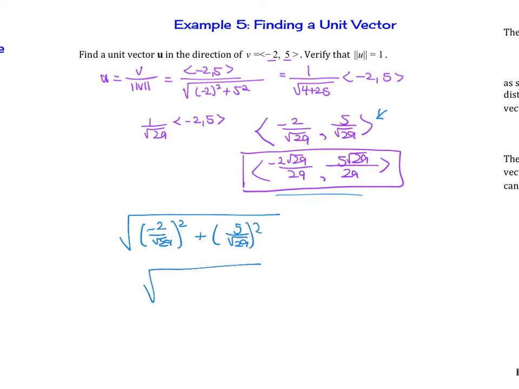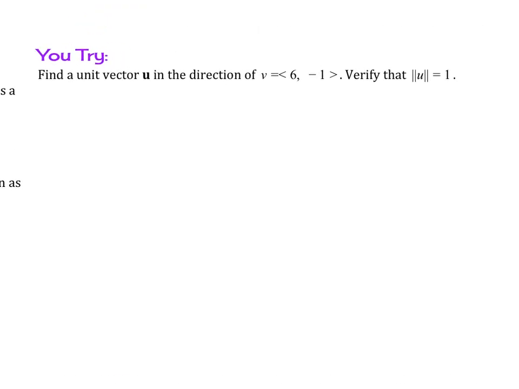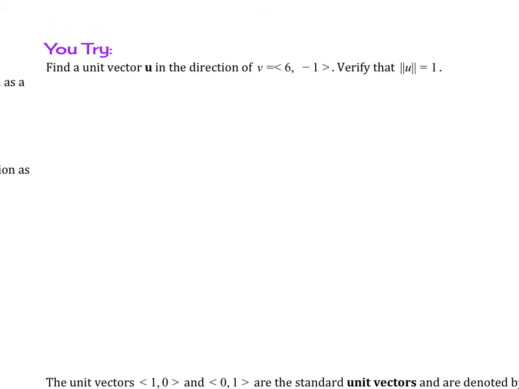So this is going to be the square root of 4 over 29 plus 25 over 29. So this is the square root of 29 over 29, which is in fact 1. So try this example here. Find a vector u in the direction of the vector 6, -1, and verify that the magnitude is 1.